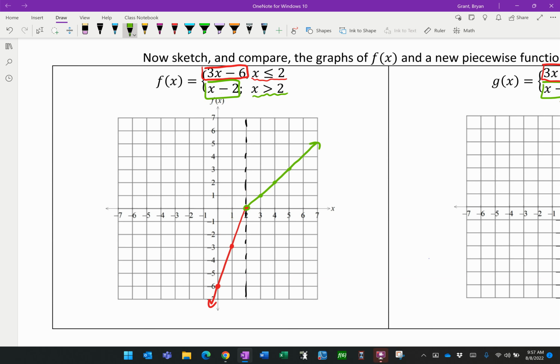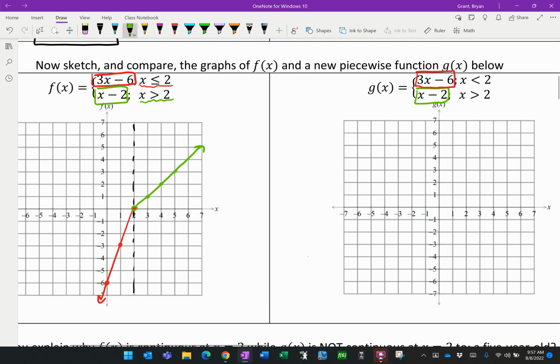Not too bad. Now, knowing that first one, can you see what the second one's going to look like? Pretty darn similar, isn't it? Do you see the only difference? Well, the only difference, and I'll highlight it in purple here, is that this guy has an equal to, and this one does not. Which means the two graphs are exactly the same, but right at 2, neither of them is equal to 2, so there's just going to be an open circle right here.